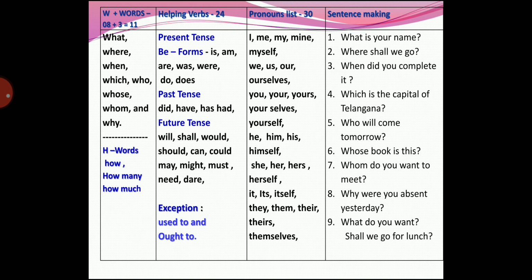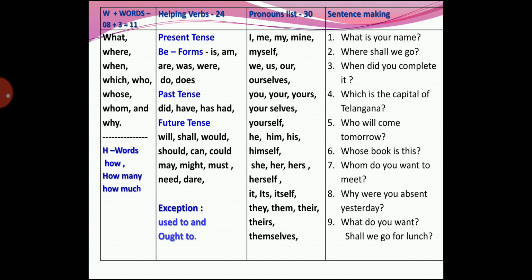Now this table shows, I have taken all these W words, helping verbs, and pronouns, combined all these words together and created certain sentences. So the combination of all these 65 words created a few sentences here.